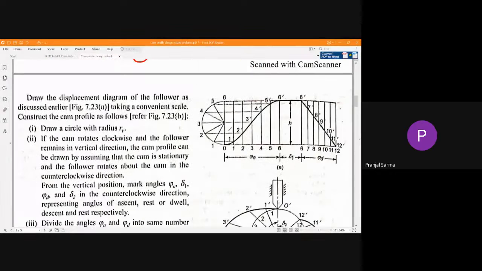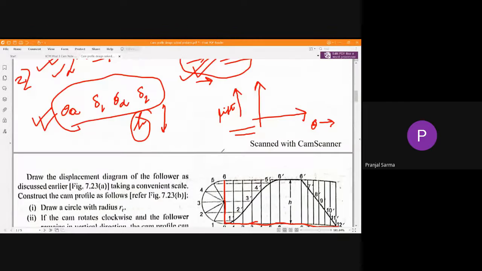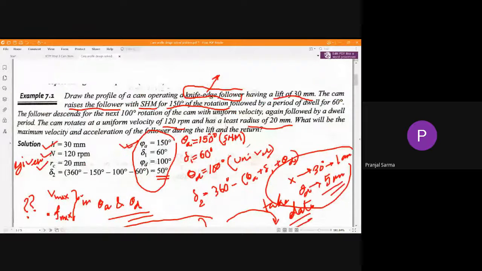What we'll do now, along the x-axis you'll draw the horizontal line, and a vertical line there. First, theta a is with SHM, and theta d with uniform velocity.